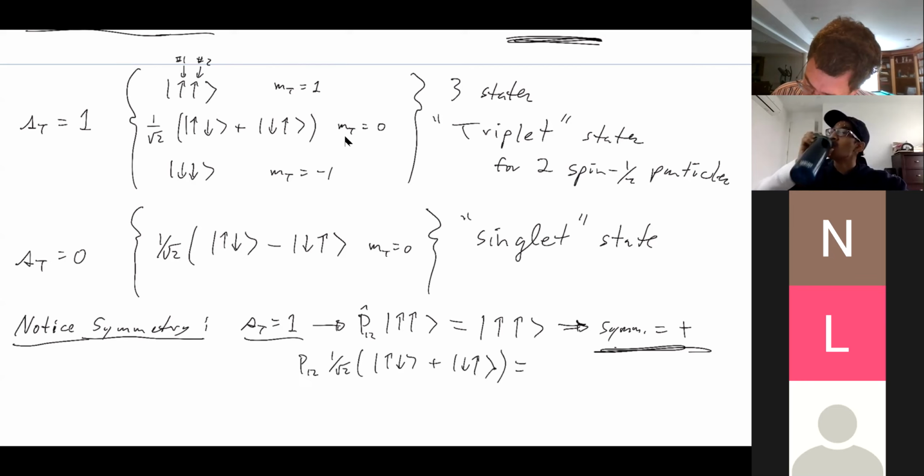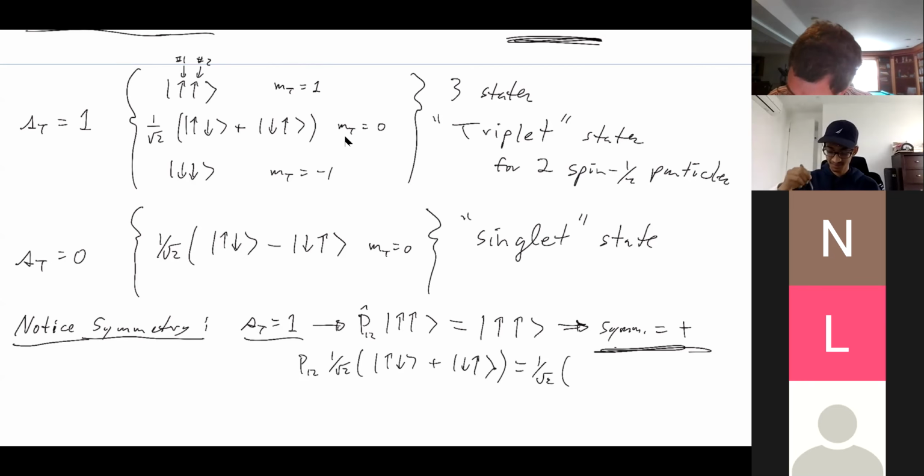When we do the math, we see that the first term converts to down, up. That's what it means to exchange the labels. And the second term becomes up, down.